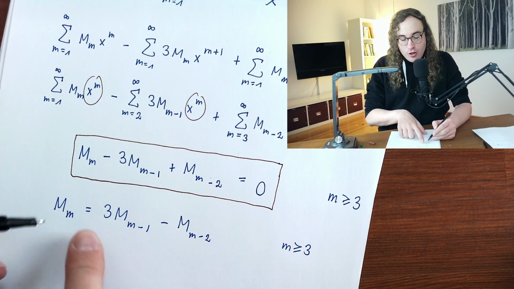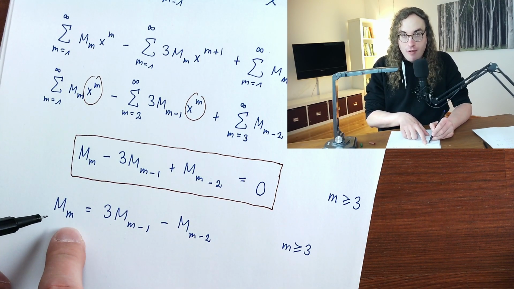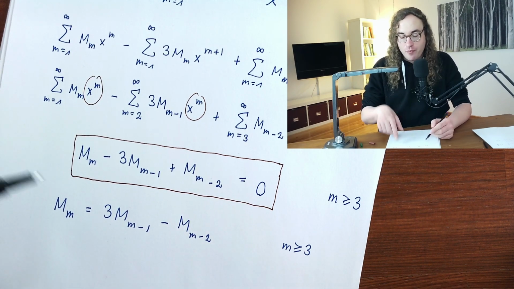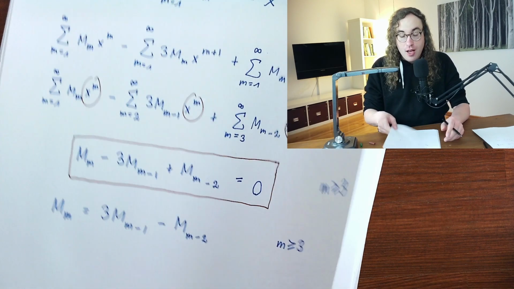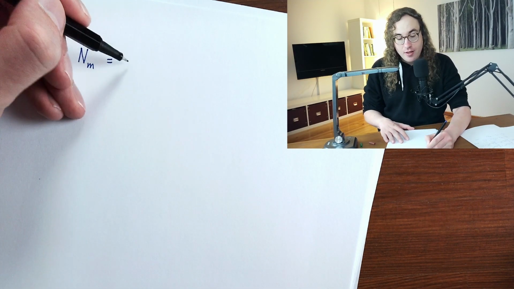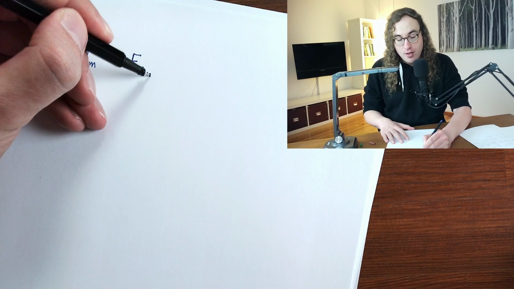Good. So we need to check that if we define a sequence based on every second Fibonacci number, it satisfies the same recursion and has the same initial values. Good. So I will now define nm as the Fibonacci number, f means the Fibonacci sequence, 2m minus 1.